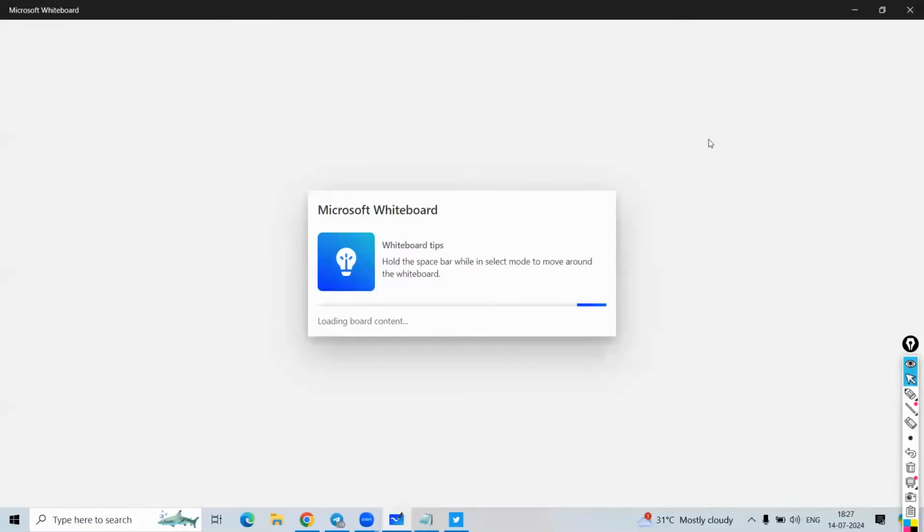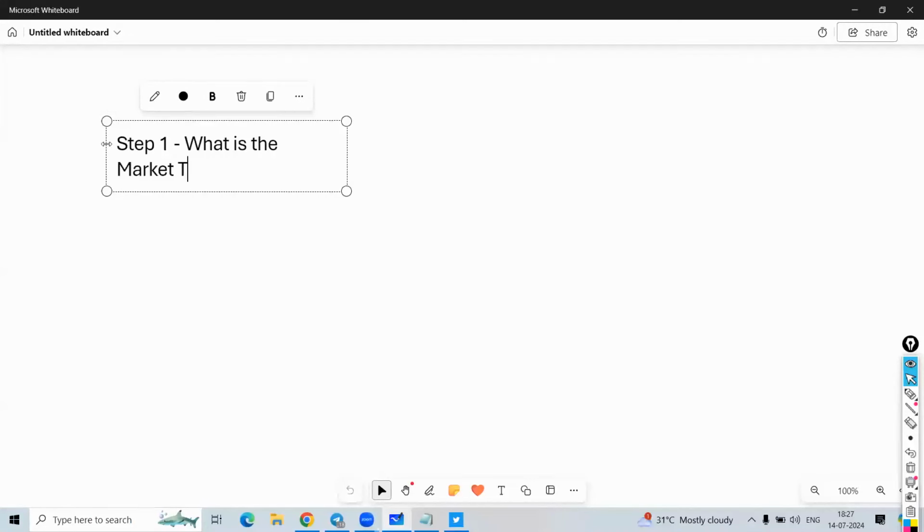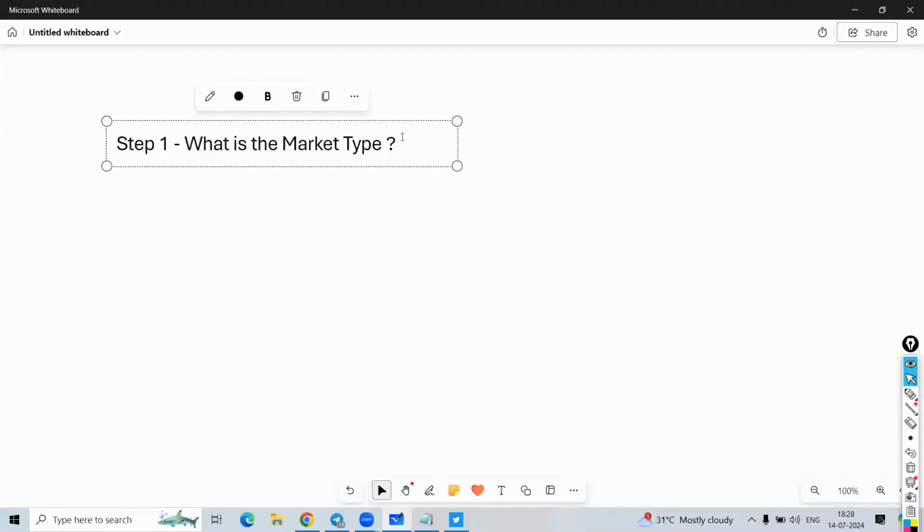Step 1. I'll go step by step. Step one, I'll write on the whiteboard and explain on the chart. What is the market type? You need to have awareness of the market type.